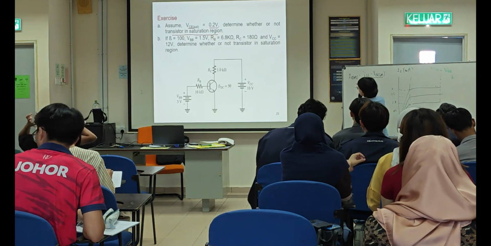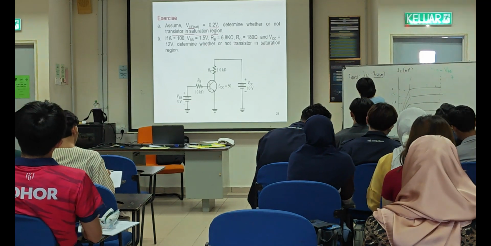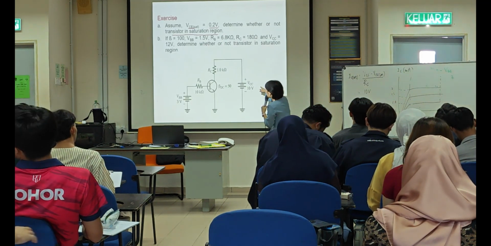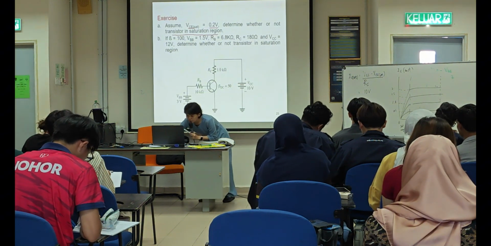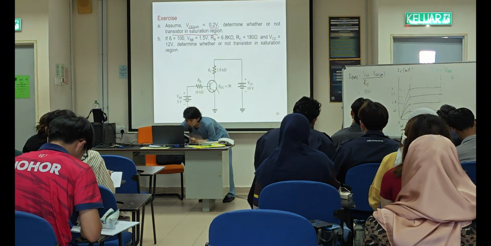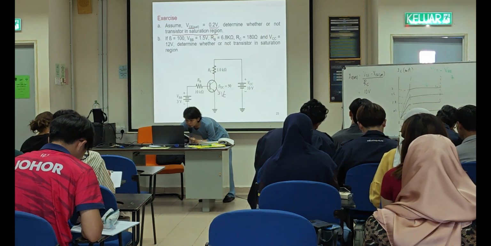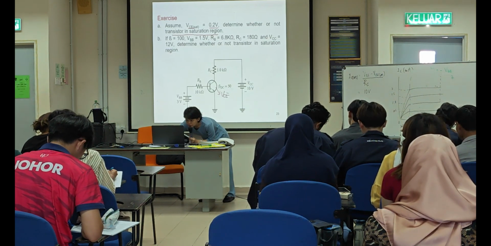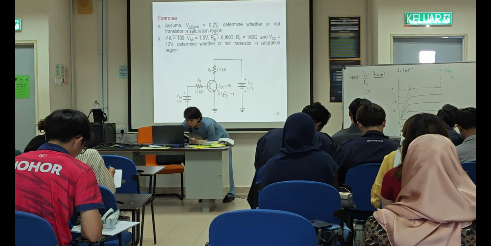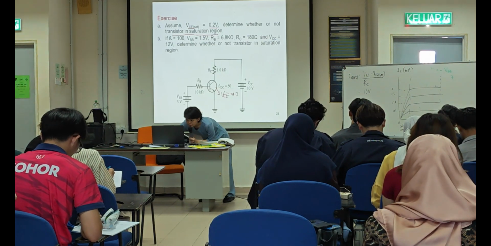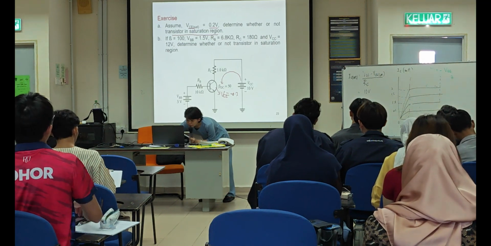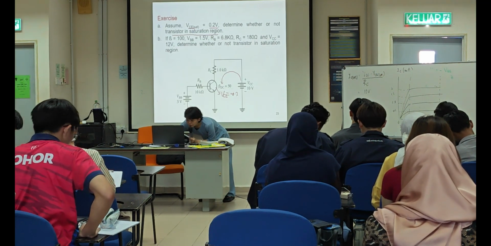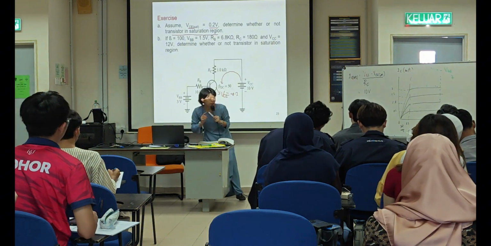So you take your VCC, 10 volt, from here. Your VCE saturated is here, 0.2. So you have to minus off this voltage, and you only can get this VCE, right?